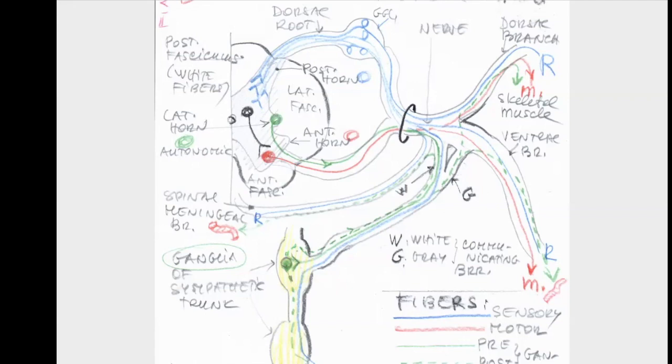From them runs again the interneuron in black, and it ends after short course in the anterior horn, where we started with the typical red point, which indicates the alpha motor neuron.